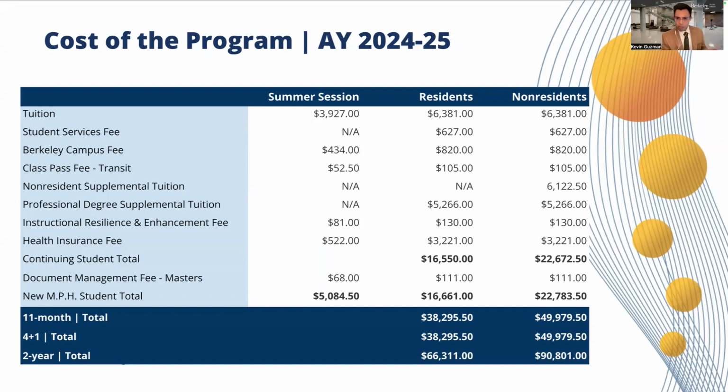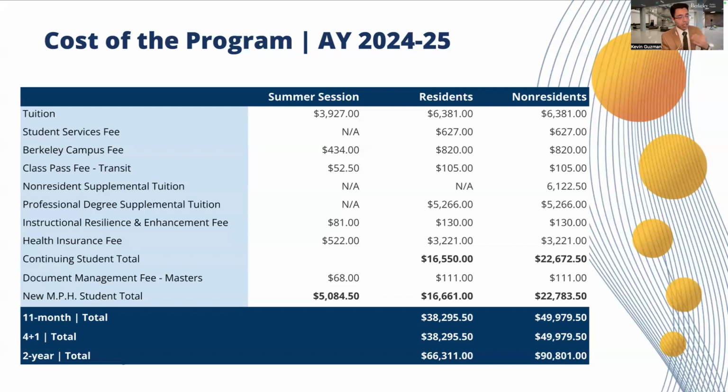Now, something I want to point out here is that the figures in bold are semester totals, and we arrive at the total cost by adding the summer session total, new MPH student total, and continuing student totals, and this reflects the cost of the 3 terms that comprise the 11-month program. The 4+1 program cost is roughly similar to the 11-month program.